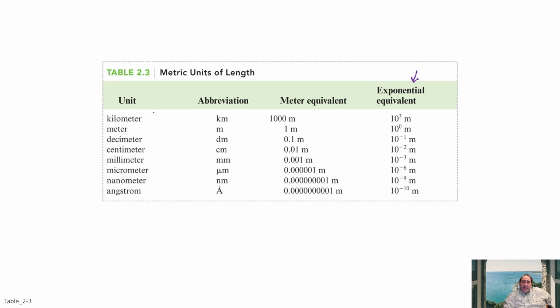A lot of times you'll see a table like kilo, for example, is 10 to the 3, and deci is 10 to the minus 1. So it's really important when you see something like that, and we'll see it a little bit later on as well in another table, when you see something like kilo, you'll oftentimes see it in a table. That is 10 to the 3.